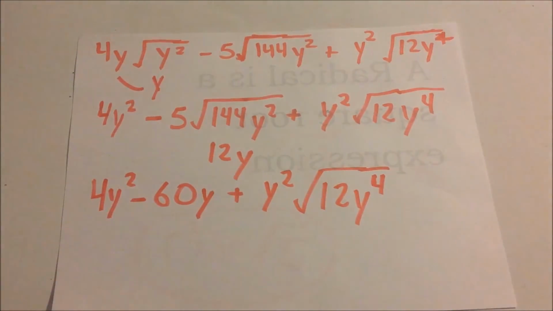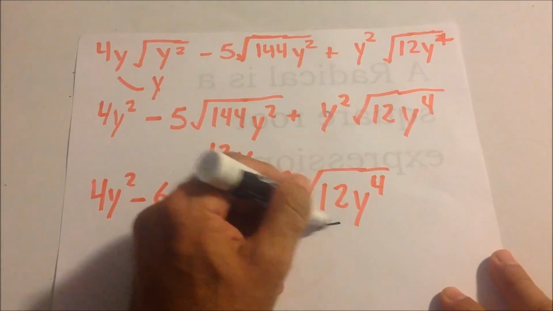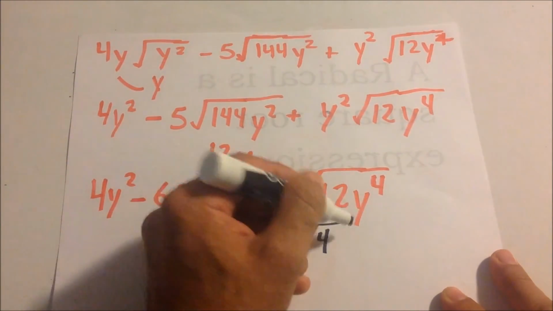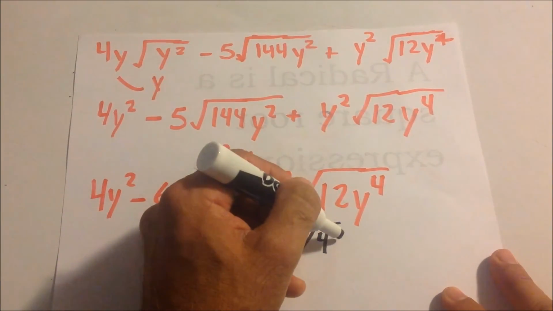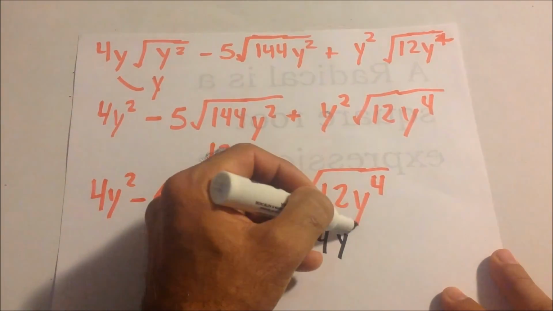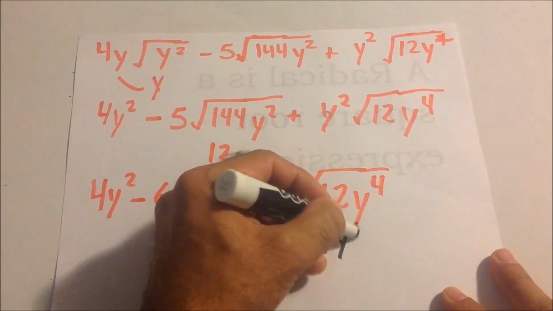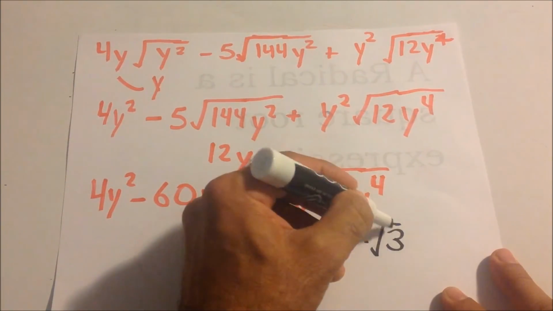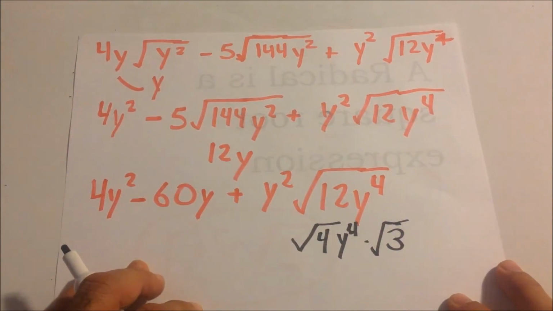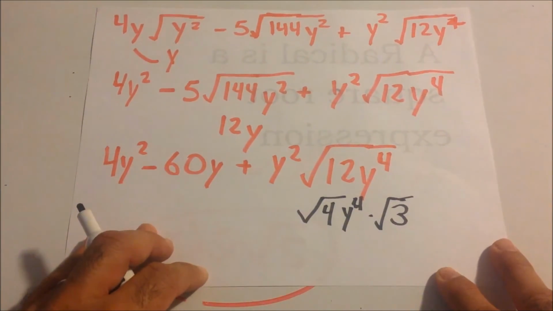Let's get another marker. Looking for perfect squares with the 12, we know that with the 12 we can do the square root of 4, because that's a perfect square, and y to the 4th, right? Times the square root of 3. And we can't do anything with the square root of 3. Bring that up a little.